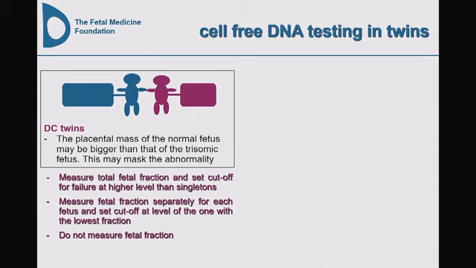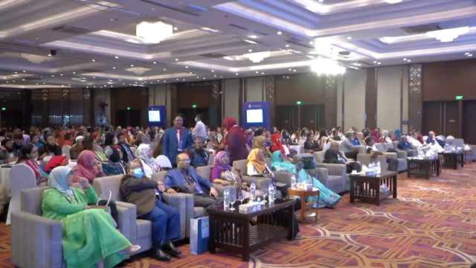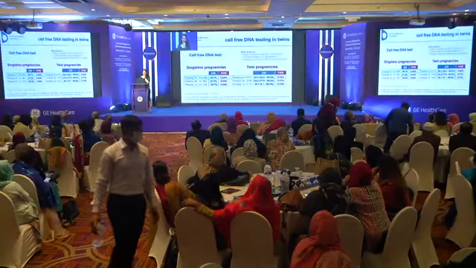We have a similar effect in performing cell-free DNA testing in twins, because the placental mass, the source of cell-free DNA from the normal fetus, may be bigger, and this could potentially mask the trisomic fetus. So bear this in mind.